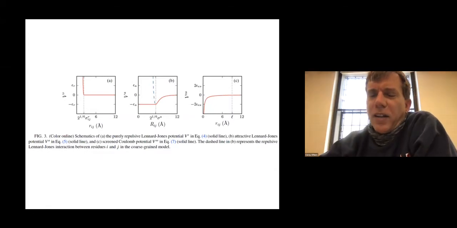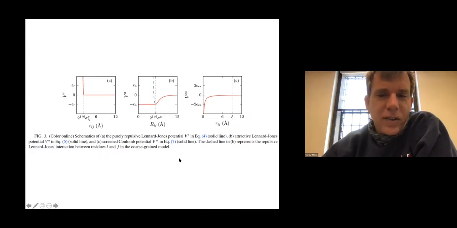If you had same charges, the sign would flip and it would be on the upper side and have negative slopes. So this charge interaction could be positive or negative depending on whether your charges are the same sign or different signs.